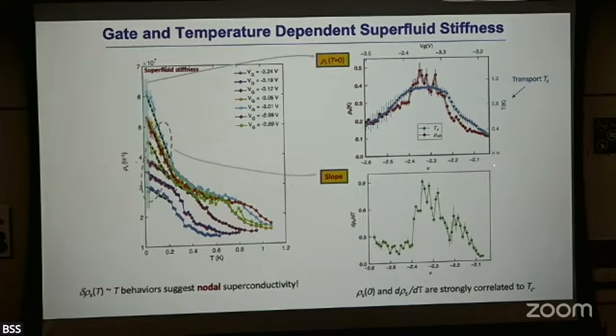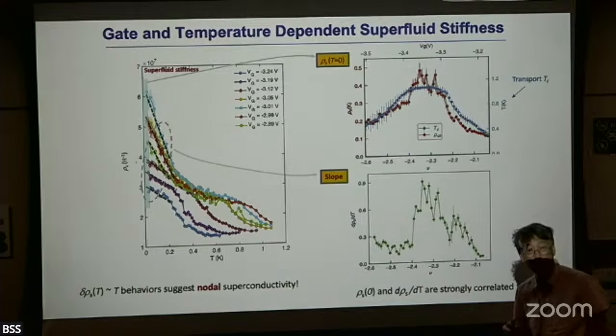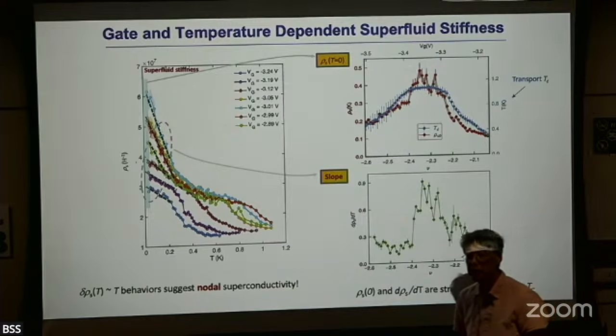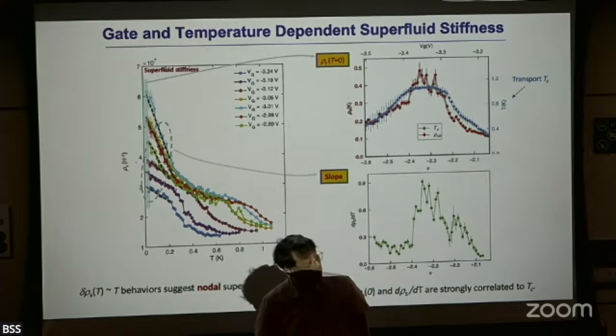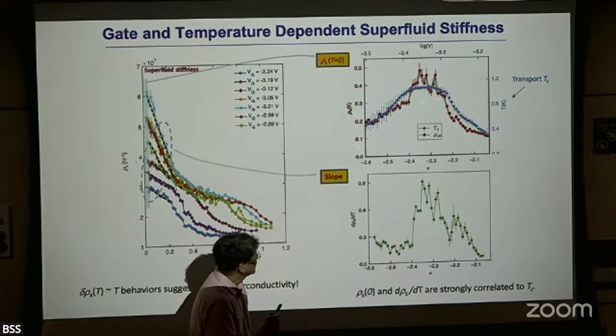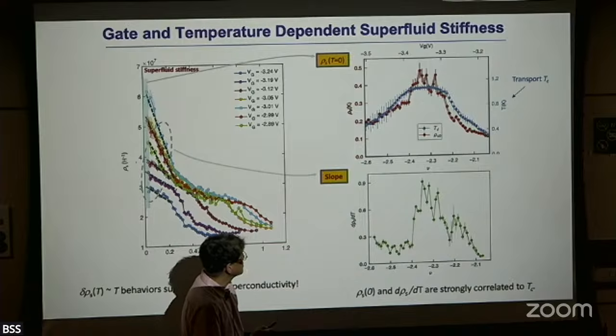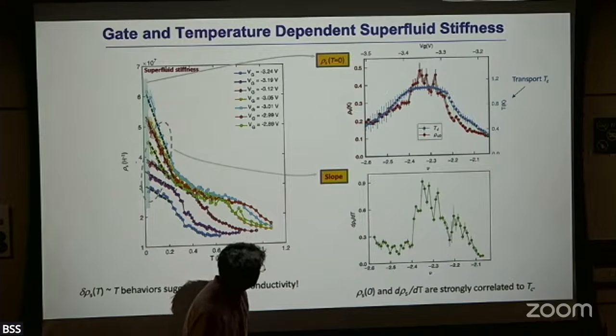And then the superfluid stiffness follows the dome that can be measured by transport. Note that the transport TC of the 2D superconductor is very close to the BKT transition temperature. So there's some kind of correlation between superfluid stiffness and the TC.